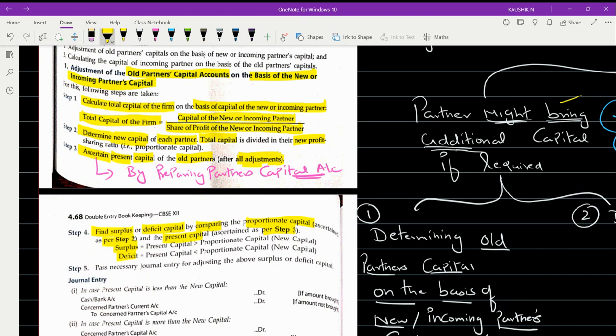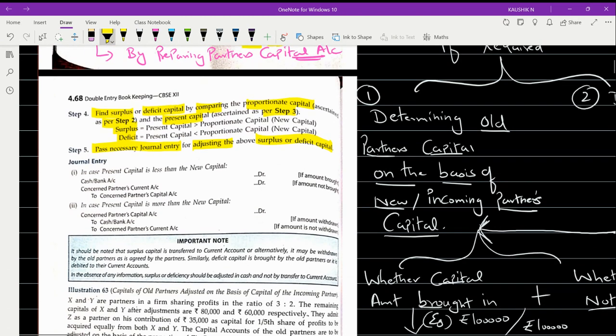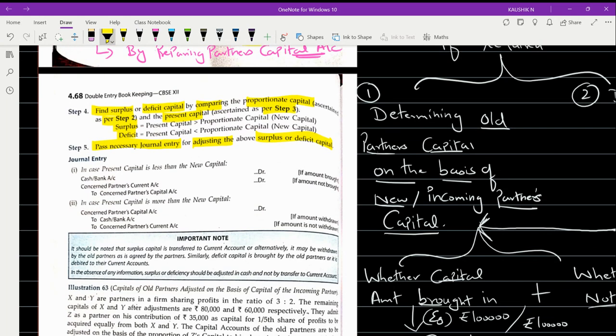And finally, you will be passing the necessary journal entry by adjusting the above surplus or deficit capital, which we have already discussed. If you are going to bring the capital, then the entry is cash or bank account debited to concerned partners' capital account. That means the amount has been brought in.